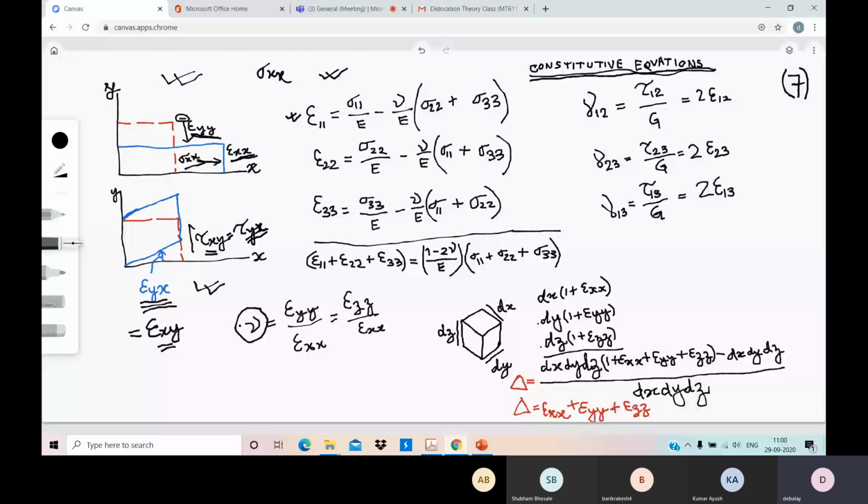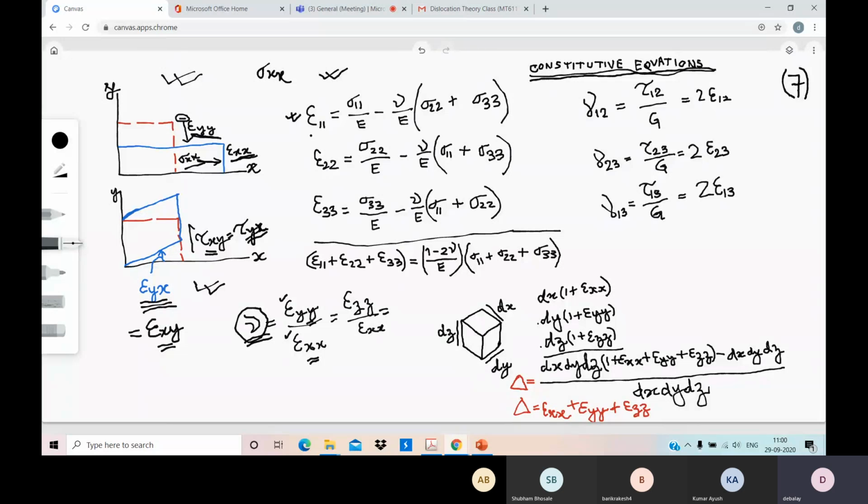If I apply sigma xx, then there will be a longitudinal strain epsilon xx and a transverse strain epsilon yy along the y direction, and if there is a z direction strain also, that is epsilon zz. So epsilon yy by epsilon xx or epsilon zz by epsilon xx, that is the Poisson's ratio, the ratio between transverse strain and longitudinal strain.